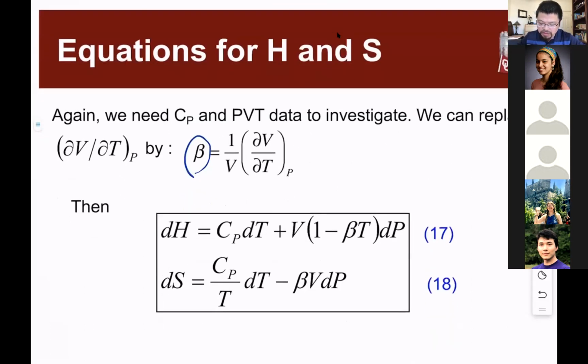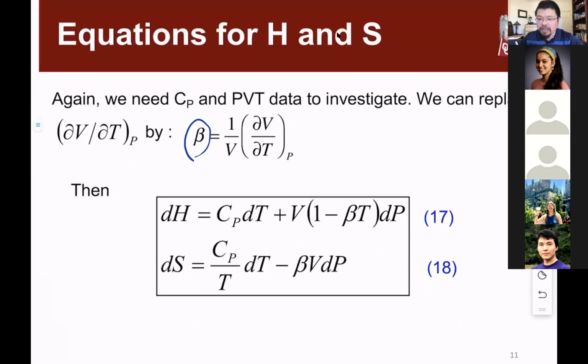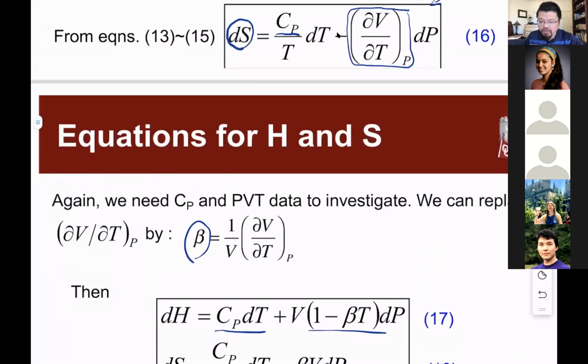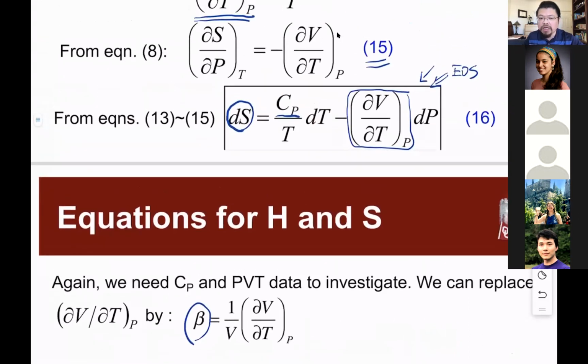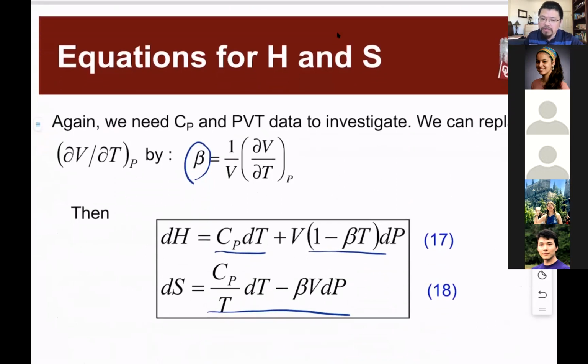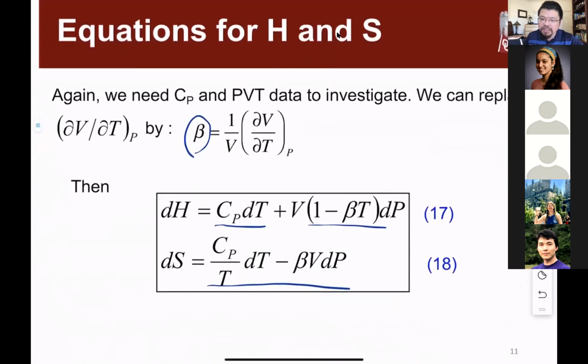Sometimes in some textbooks, you may find equations 17 and 18. Those equations may appear a little bit strange or complicated, but I hope with those slides now you can understand where those equations are coming from. I keep emphasizing this is very critical to the learning of thermal.